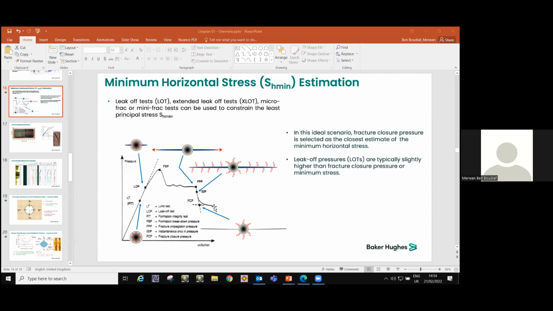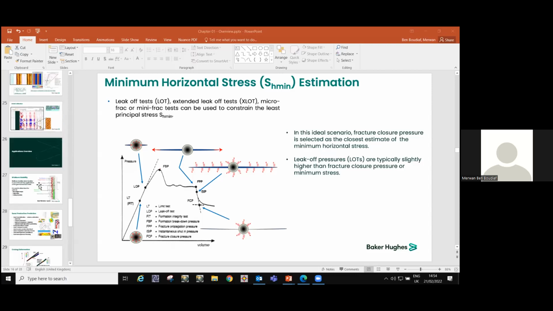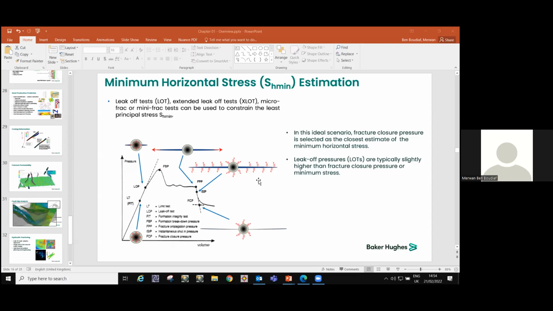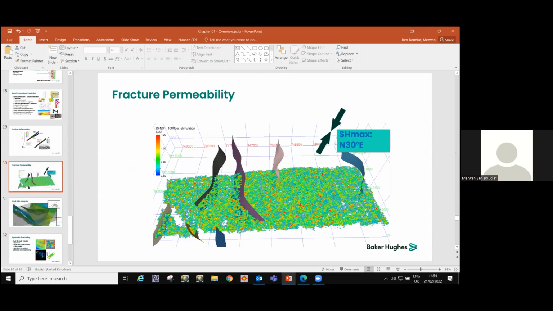So understanding the distribution of permeable fractures such as here. Sorry, I will just go. Understanding the distribution of natural fractures along the reservoir will help in optimizing your injection plan for enhanced oil recovery, whether it's thermal or polymer or anything else. I hope it answers the question.